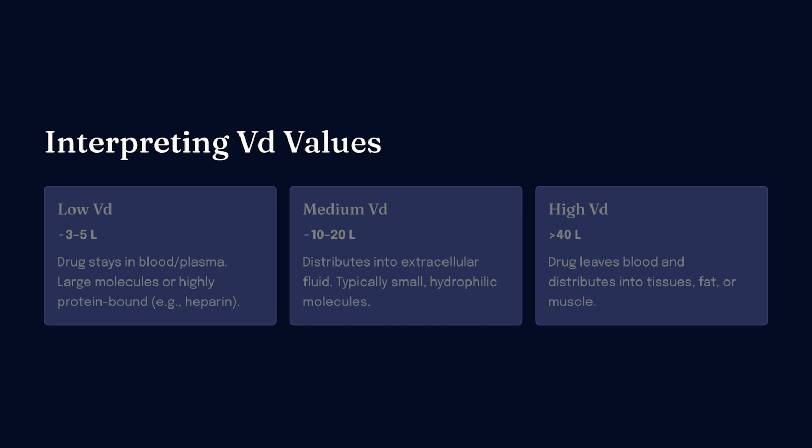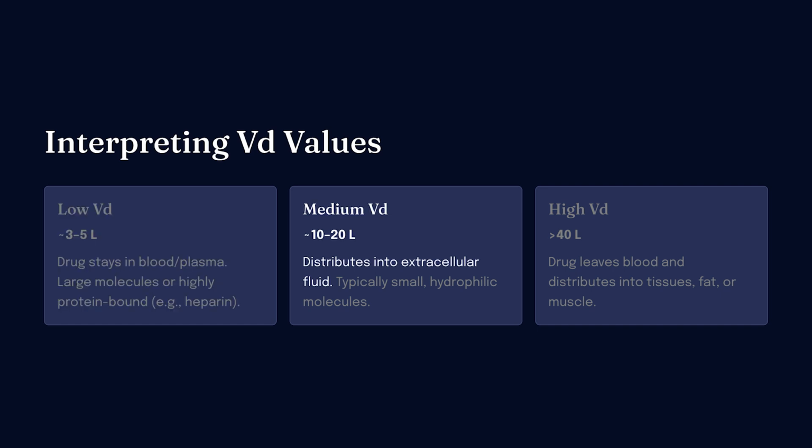Interpreting VD values. Now, let us interpret different VD values. A low VD, around 3 to 5 liters, means the drug stays mainly in the blood or plasma. This is typical of large molecules or highly protein-bound drugs, such as heparin.